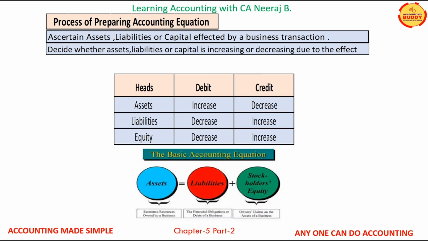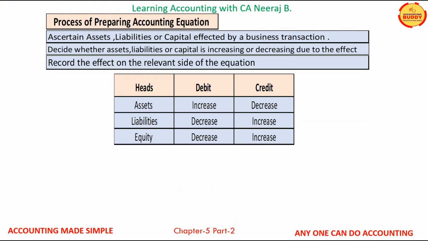Memorize this table. This is the basis on which the accounting equation will be prepared. Final step is to record the effect on the relevant side of the accounting equation. Let us understand the process of preparing accounting equation with some business transactions.